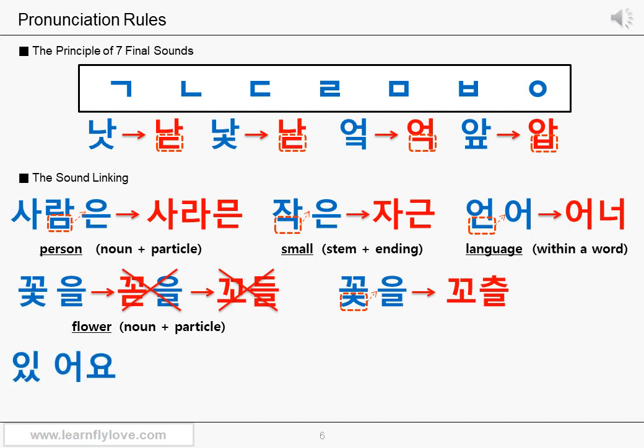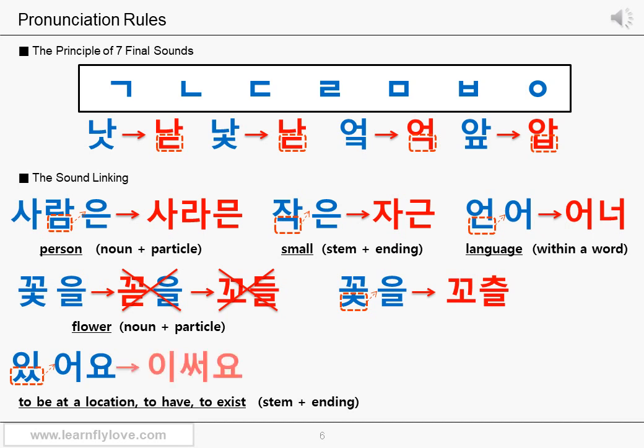Let's see the next example. 있어요. This is a predicate which means to be at a location, to have, or to exist. 있 is a stem and 어요 is an ending. Where a double consonant is used as a final and the next block has a consonant as an initial, you can think that the entire double consonant goes up to the initial of the next block.